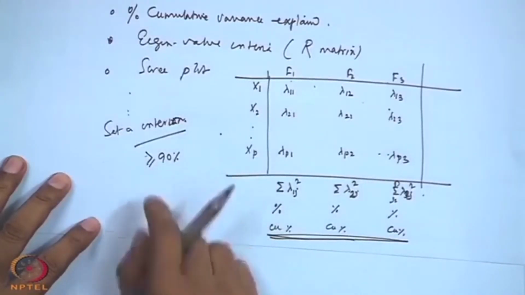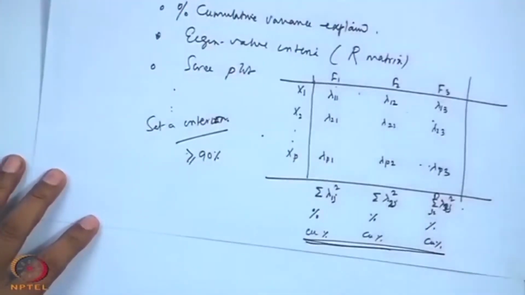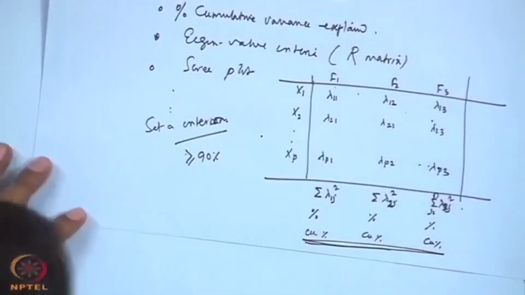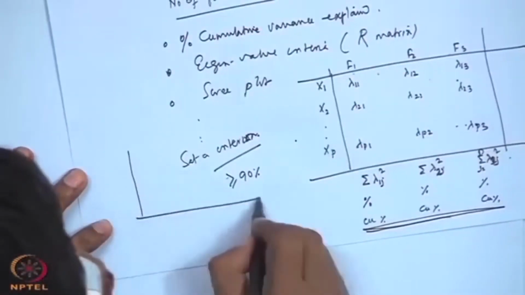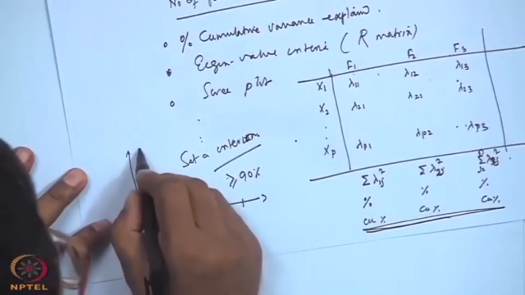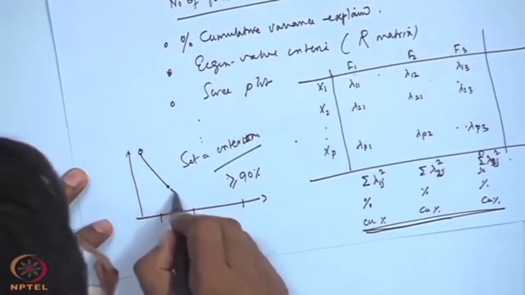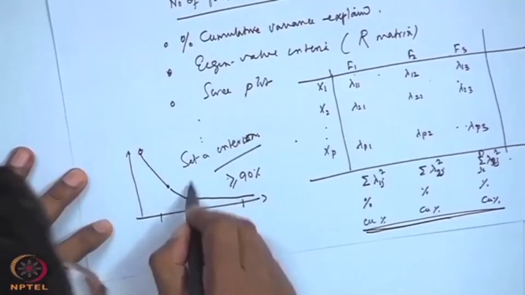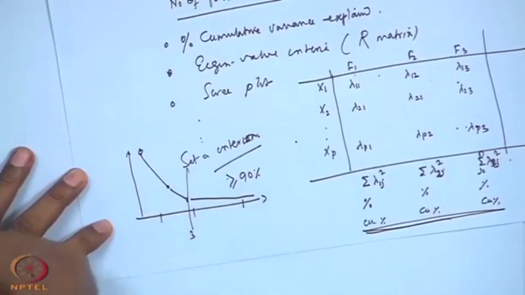Okay. Now, scree plot also you have seen earlier. We plot eigenvalues versus factor 1, factor 2 like this, and suppose your values are coming like this. So, this is your elbow, so you keep three factors.